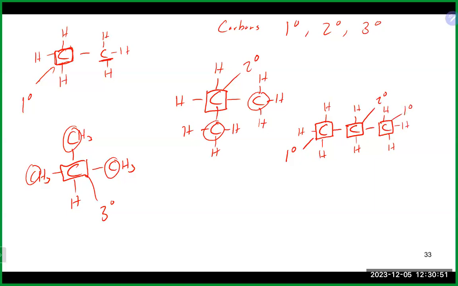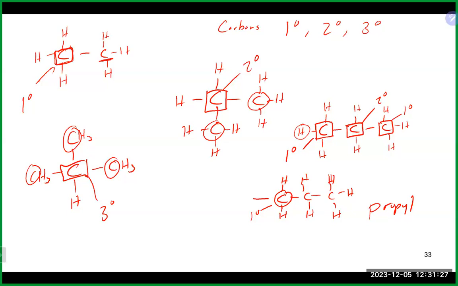So if we wanted to have a group like a propyl group, we could remove one of the hydrogens at the end, actually either end, which are our primary carbons. And we could have an attachment point where it's going to attach at the end here. And this will be what is referred to as a propyl group. And the attachment is happening here at our primary carbon, basically. And you can do it at the other end.